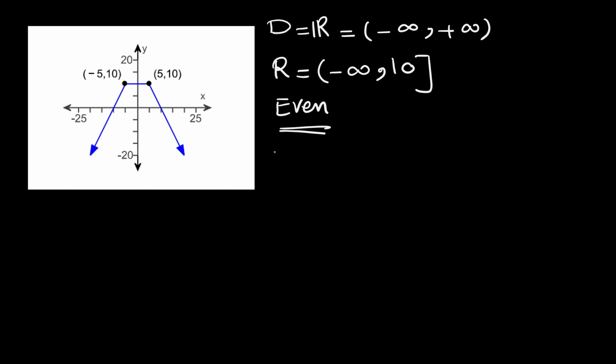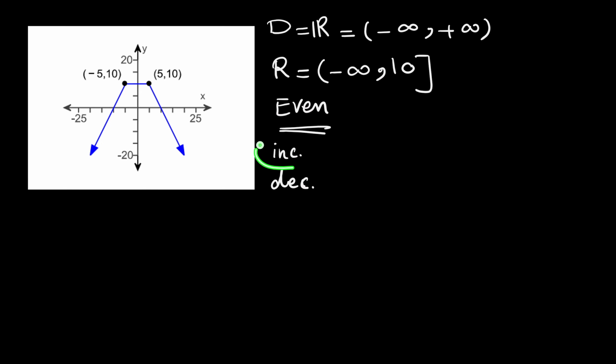What do we know about the increasing and decreasing intervals for the function? Okay, I don't care about the arrows that go down this side.